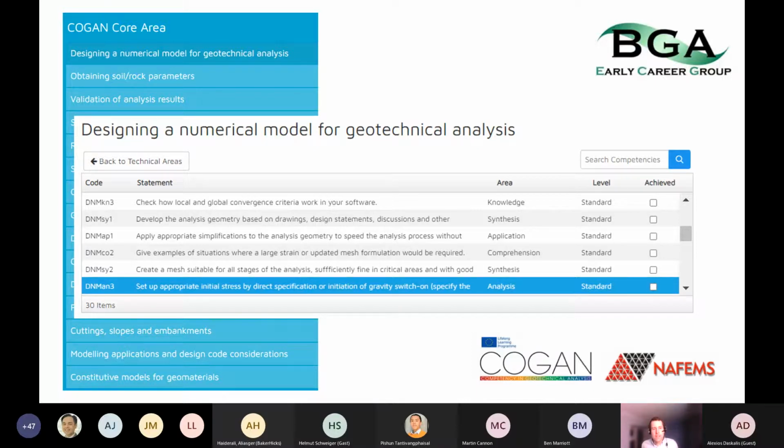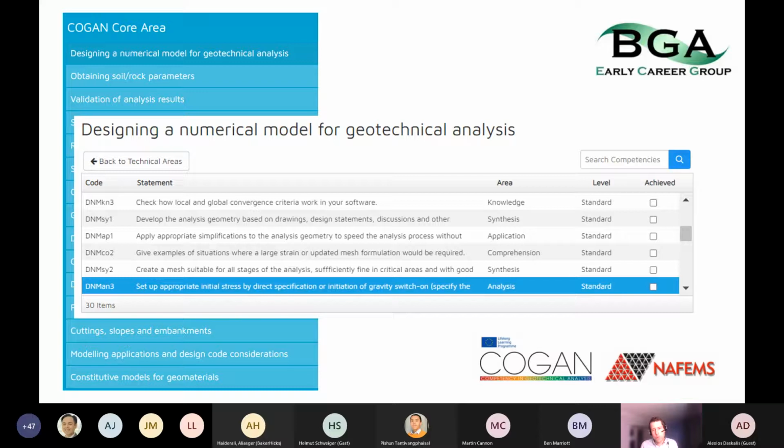When you click deeper, you find under each of these topics another window. In this case, it shows there are 30 competency statements, and they are of different styles. There are some for knowledge, some for more application and analysis.